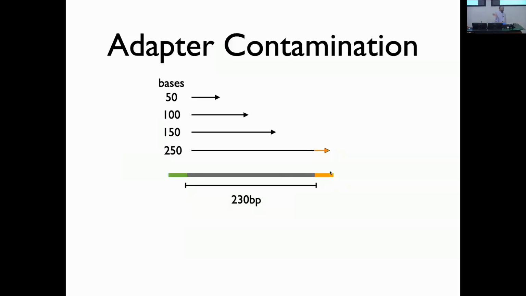The adapter is totally non-biological sequence. It's just there for technical reasons. We talked about it last week. If we just leave that there, how big of a problem that is really depends on what we're doing downstream with the data and how good the software is at handling that. But in almost every case, if we know what the adapter sequence is, which shouldn't be that hard to figure out because we can usually just ask whoever did the sequencing, we're almost always better off looking for it and bioinformatically trimming it.